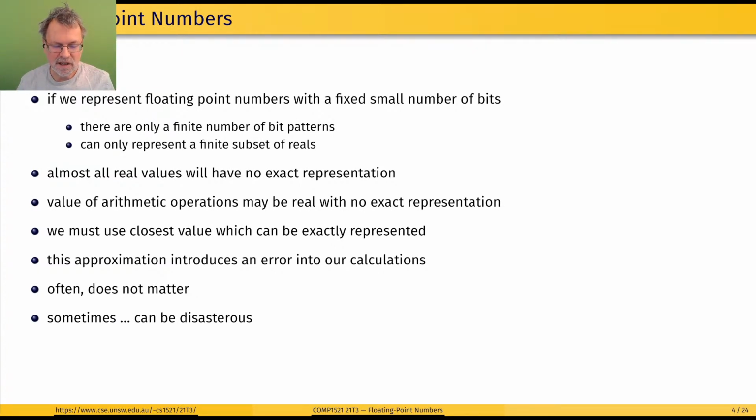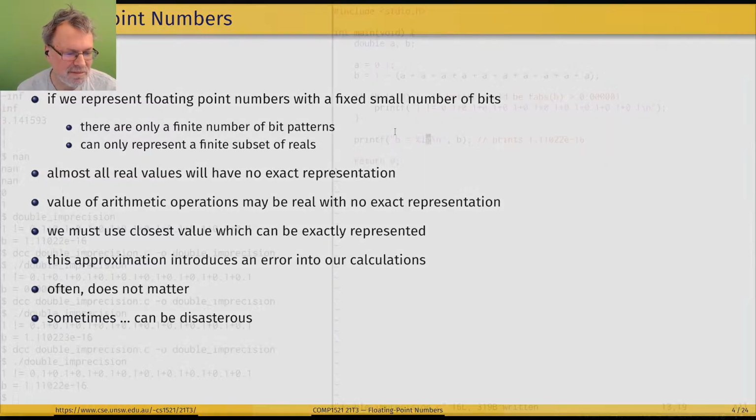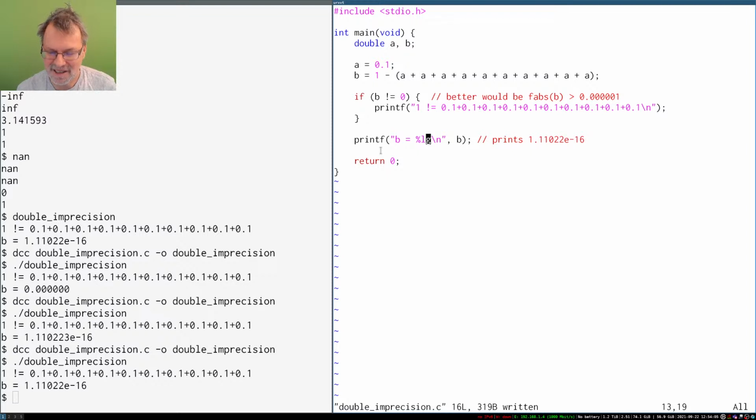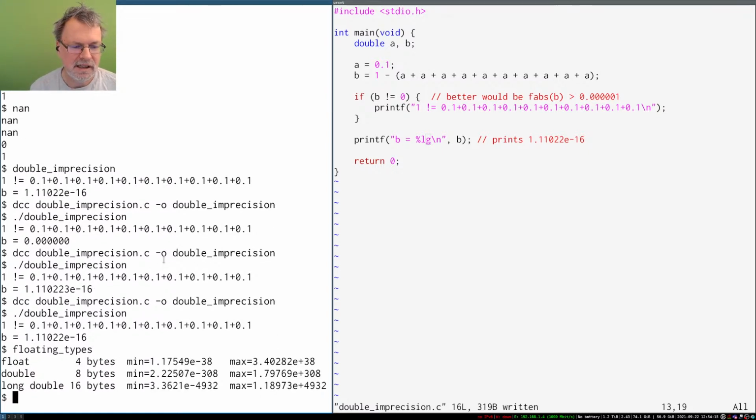Why is it a problem? Well, I'll show you why. It doesn't have to be a problem, at least if you stick to reals, I guess. Let me run this. The problem is here.